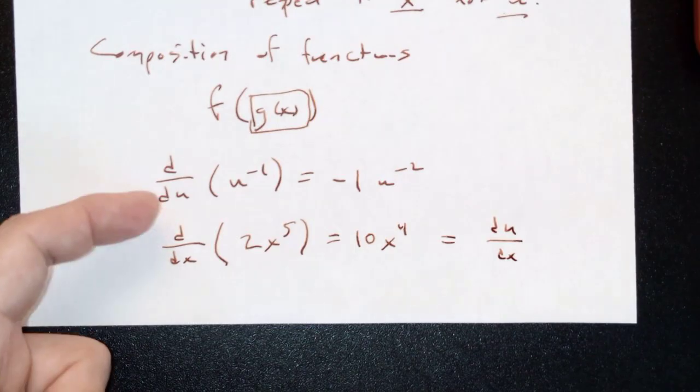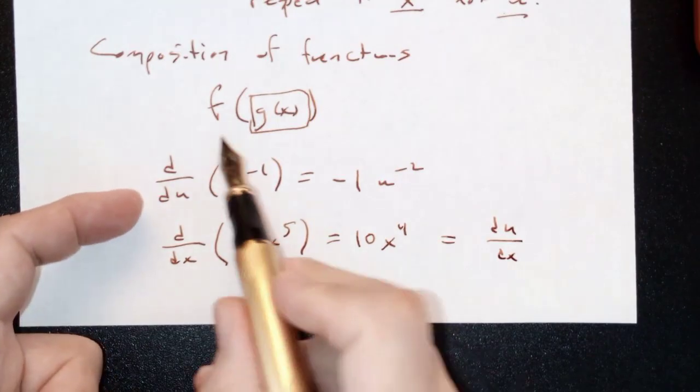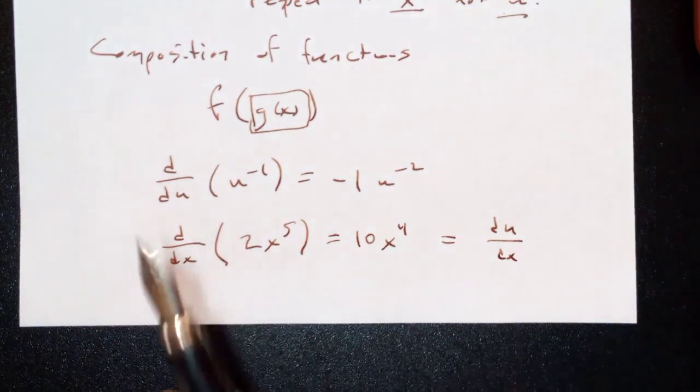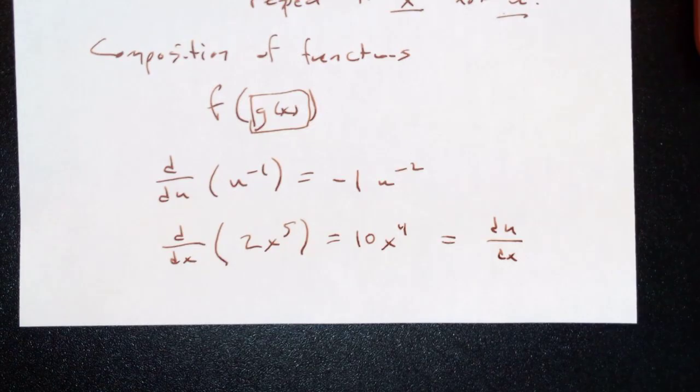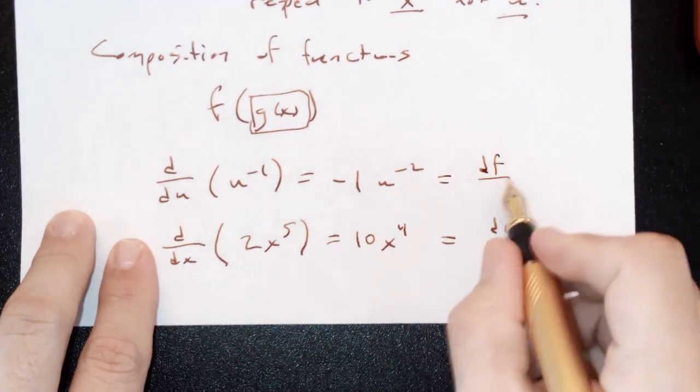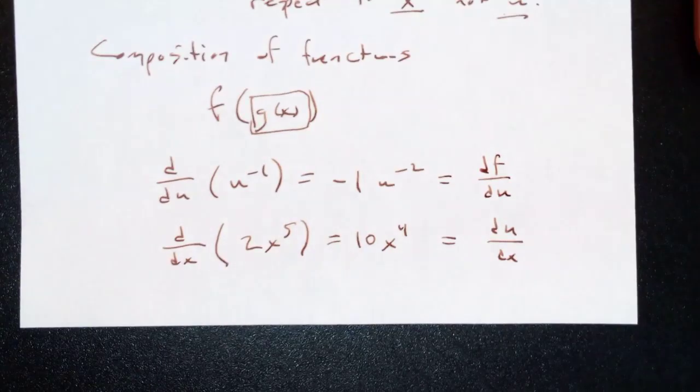But this part, that's the outside function, isn't it? That's the outside. If that's the outside, that's f. That means that this is really df du.